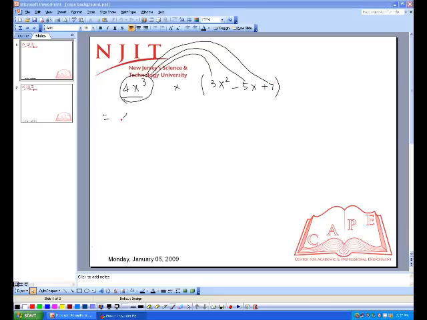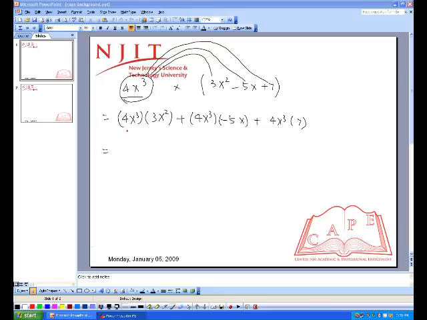This is going to equal 4x cubed multiplied by 3x squared, plus 4x cubed multiplied by the second term, which is negative 5x, plus 4x cubed multiplied by 7. Okay, so now we just have to do them individually.